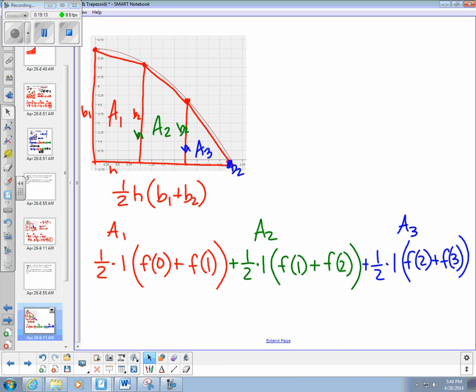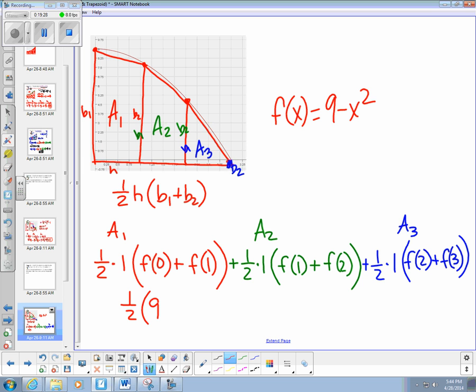Now we plug our numbers into our f of x, and remember again our f of x was 9 minus x squared. And 1/2 times 1 is just a half. So f of 0, 9 minus 0 squared is 9. When I put in 1, 9 minus 1 is 8. So 9 plus 8. Then I've got 1/2 times 1 is 1/2.